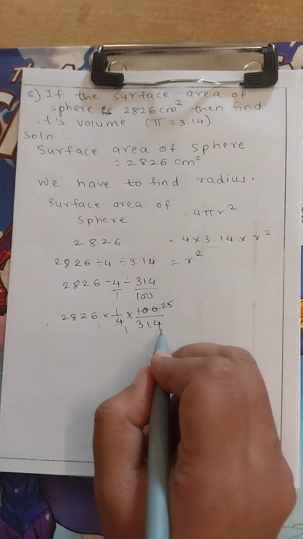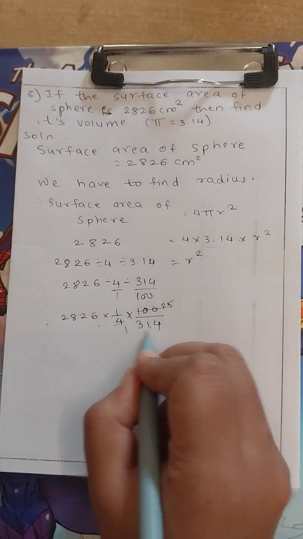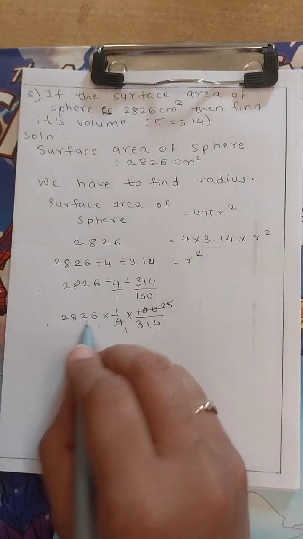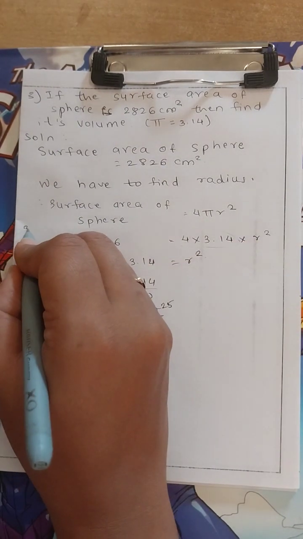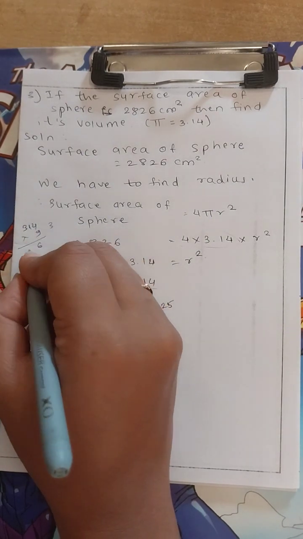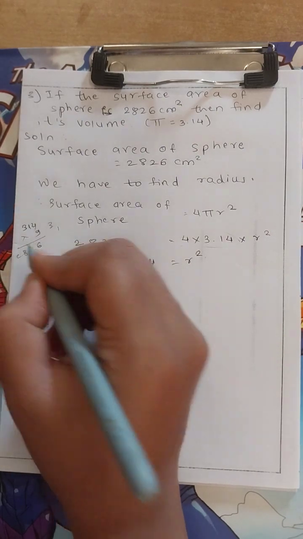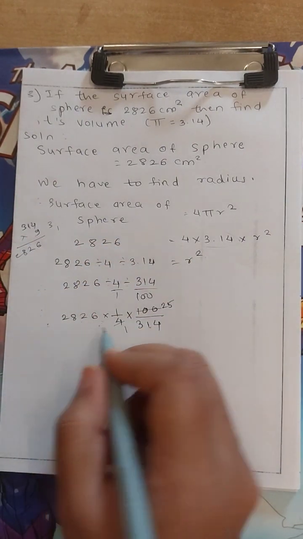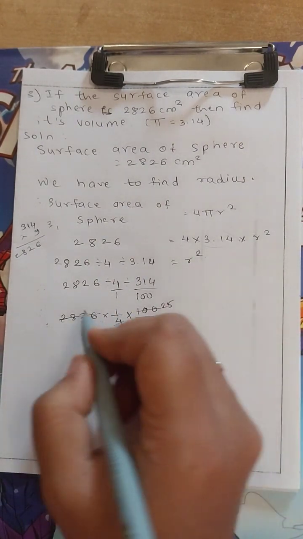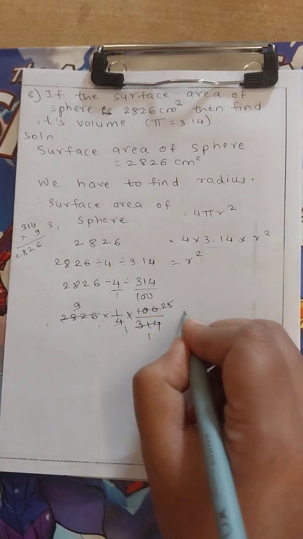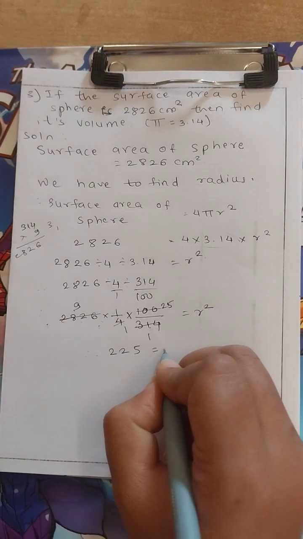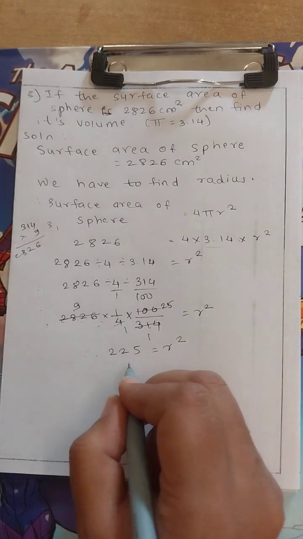Now if you multiply 314 into 9: 9 4s are 36, carry 3, 9 1s are 9, 9 plus 3 is 12, 2 carry 1, 9 3s are 27 plus 1 is 28. Yes, 2826. So 9 into 25. 25 9s is 225, which is equal to r square, 225.